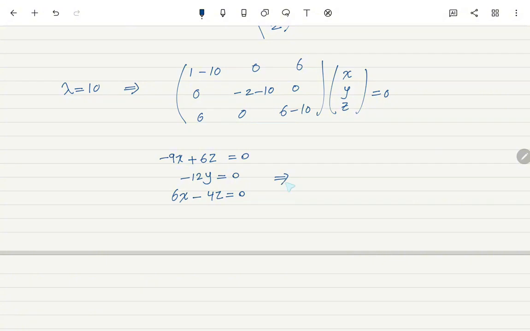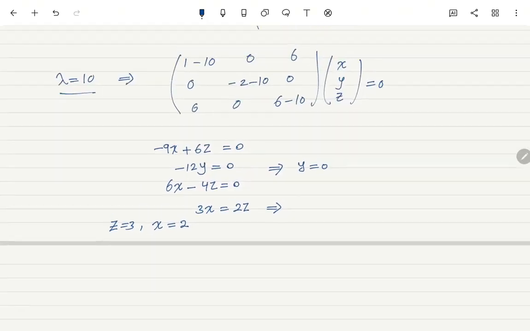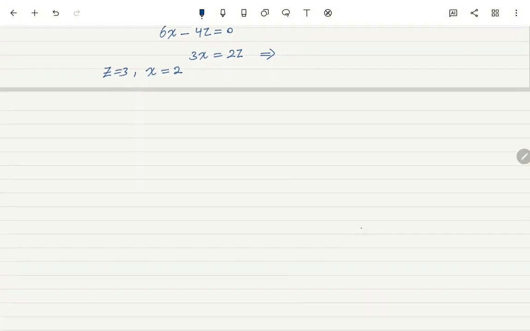From this, y equal to 0 and 3x equal to 2z, and the eigenvector for lambda equal to 10 is 2, 0, and 3.